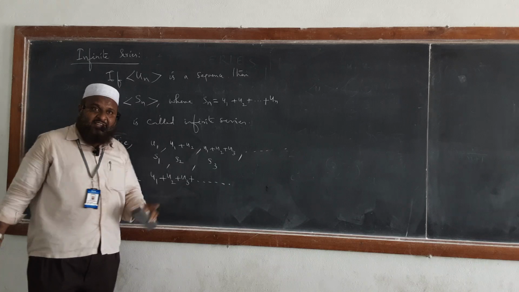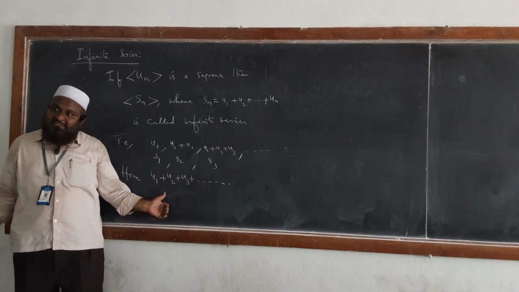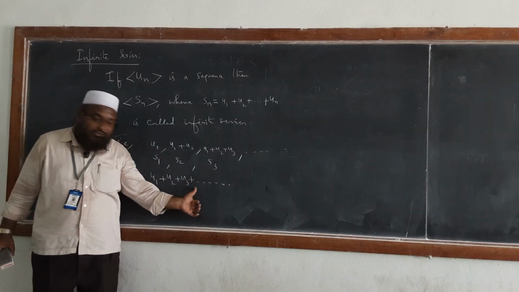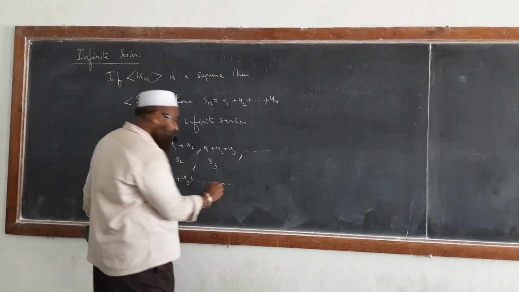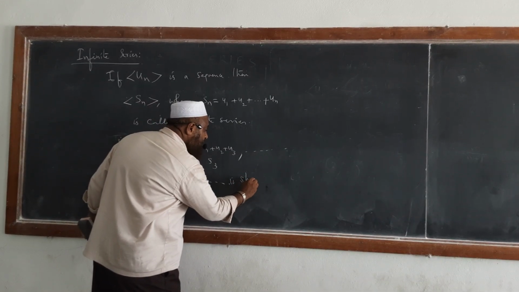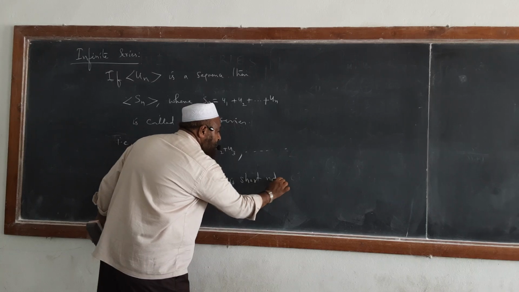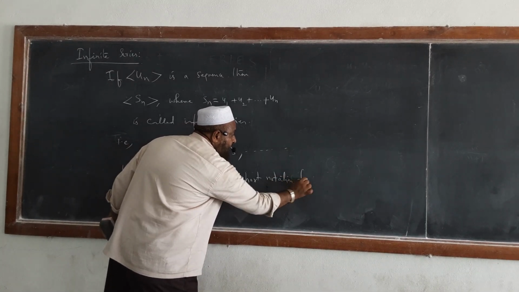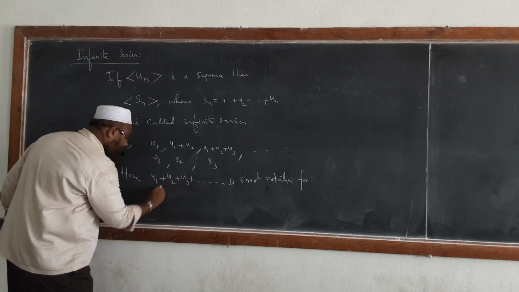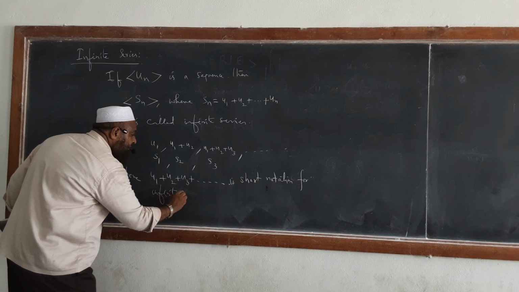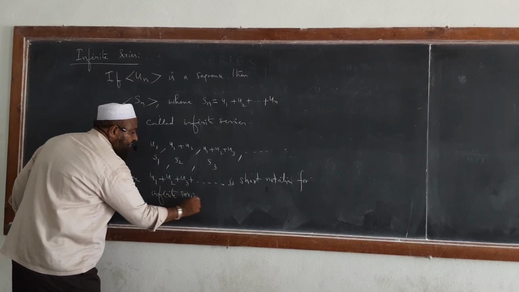Be careful, I am not giving commas. u1 plus u2 plus u3 so on is the short notation for an infinite series. Okay.